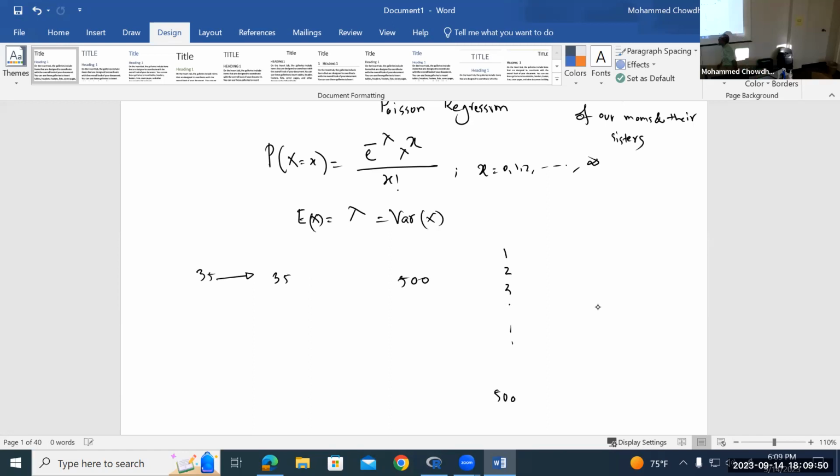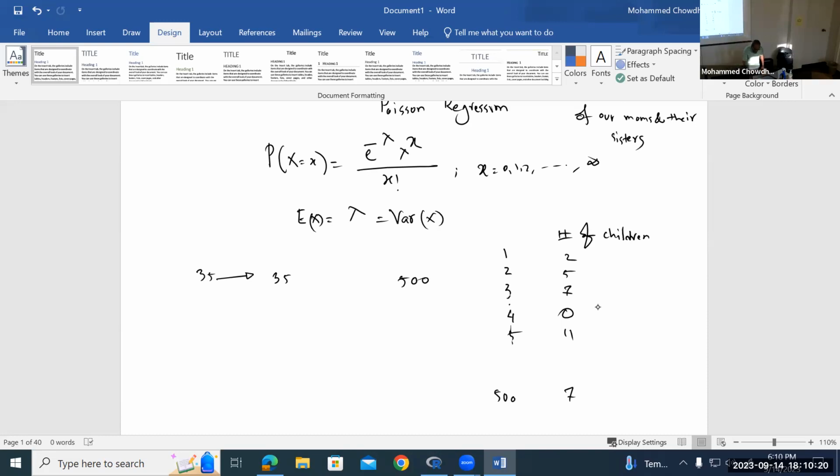These 500 women are our moms and their sisters, that means aunts, right? So we can end up with the number of children: woman 1 has 2, woman 2 has 5, woman 3 has 7, woman 4 has 0, woman 5 has 11, and the 500th woman might have just 7 children. So these are the numbers of children, right?